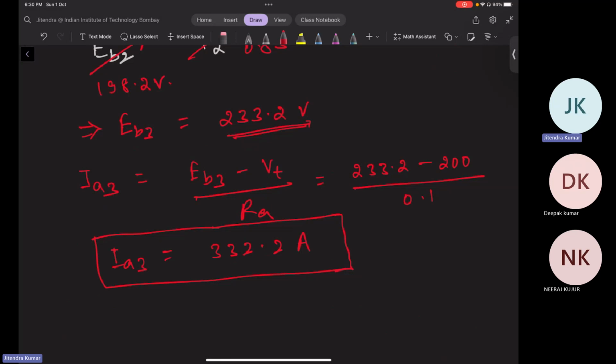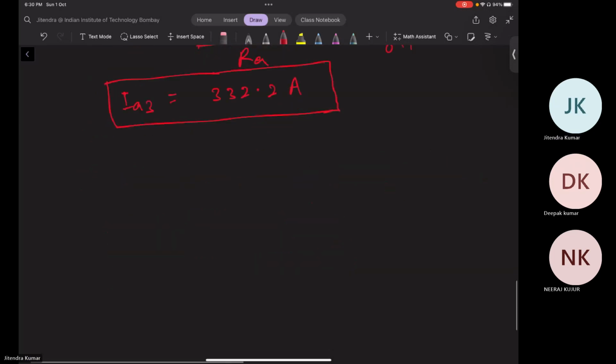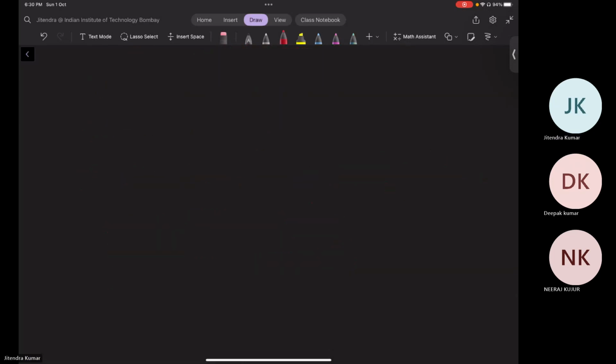Then again, you will give another input, and this phenomenon will recur, right? Is this clear? This is how your speed control of DC motor will work.